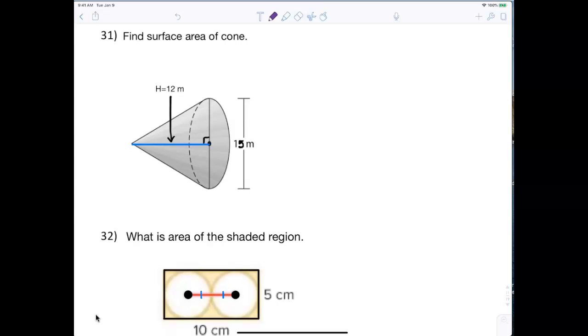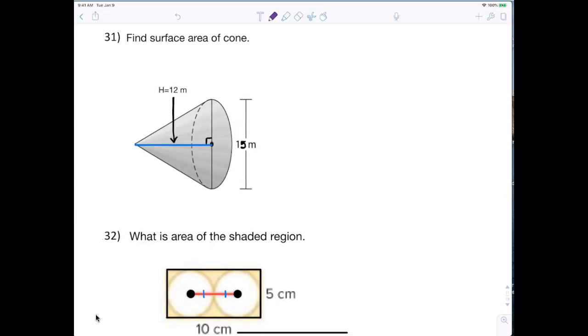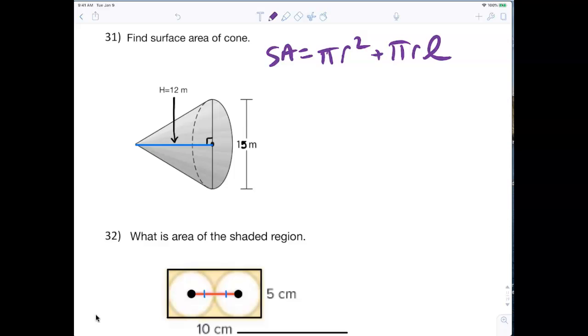All right, surface area of the cone. Someone refresh my memory on surface area of a cone. I'm listening. Go. Fight for it. Surface area is pi r squared plus pi rl. You should know that. Come on, come on. Uh-oh. What's the radius? 7.5, right?